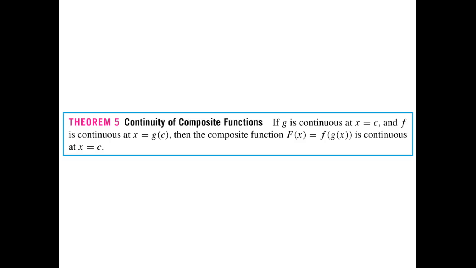Then f evaluated at that y, which is g of c, is also continuous there. That means there's an interval of that y containing that g of c. Then the composite function, which is built of those two, capital F, which is f operating on g of x, is some y value, and f is defined and continuous there, then that function, capital F, is also continuous at x equals c.